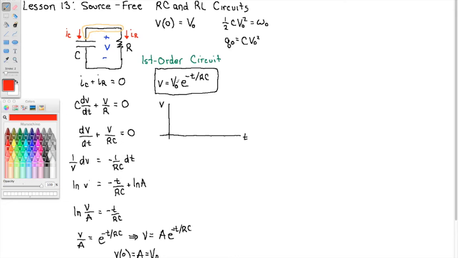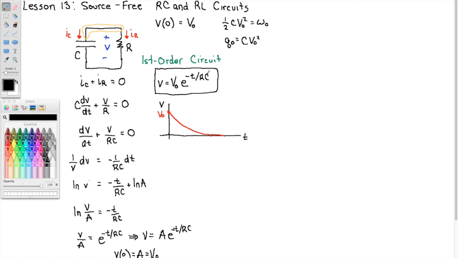So this thing starts, as we said, at V0, and it comes down exponentially, and it asymptotically approaches 0. Now, this product of R and C comes up so frequently that it actually has its own name, and its own symbol.